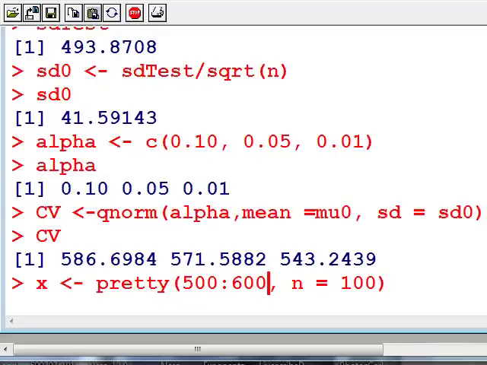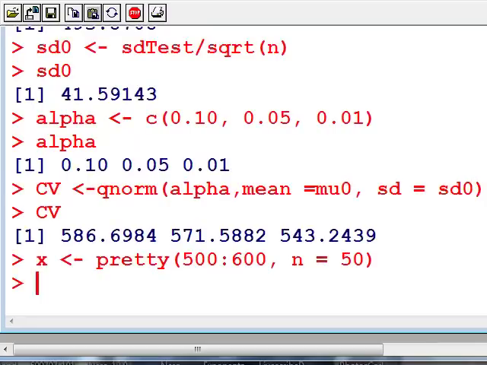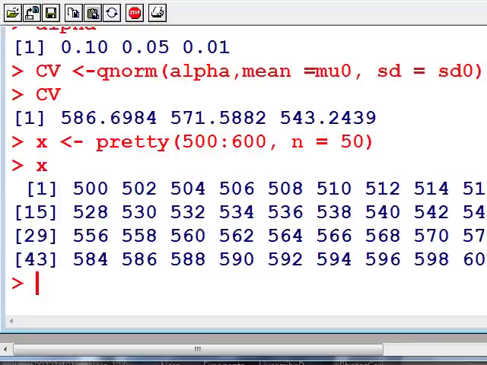If you print out these X values, you might be surprised at what you get, but somehow it works. And if it doesn't, just try some different numbers. Let's just do 50, and I want to show you these X values. Okay, see, it starts at 500 and ends at 600, and R kind of spaces it out in between to give you 50 points.